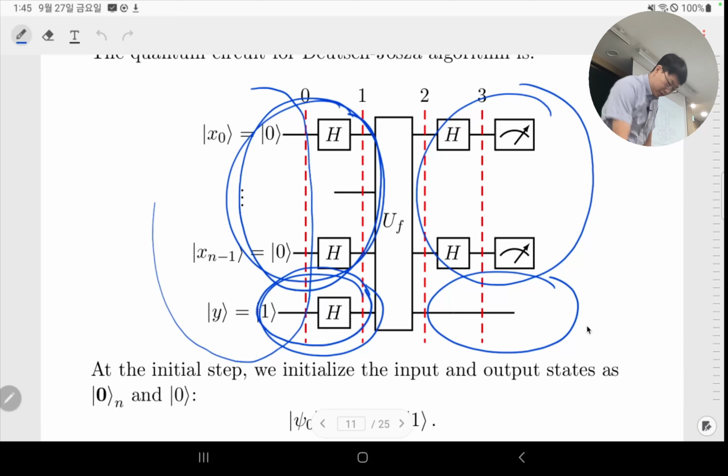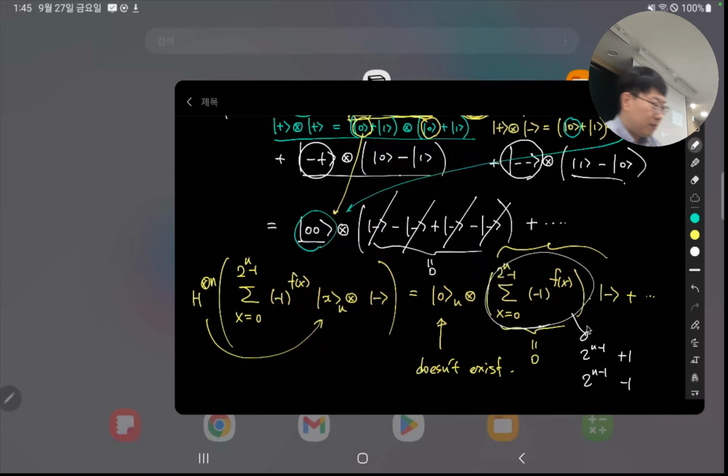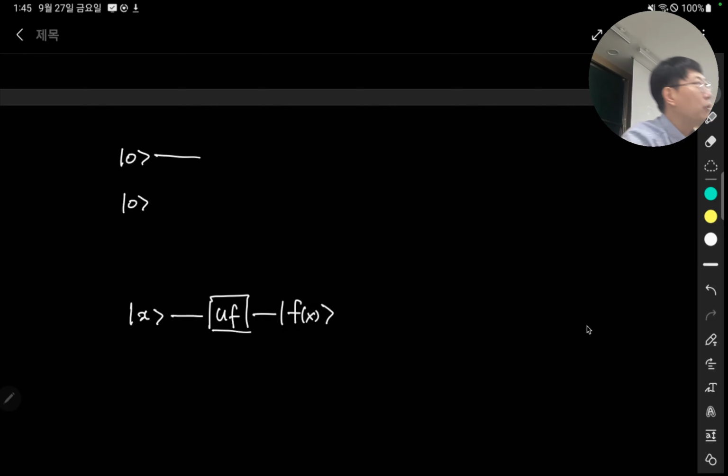자, 예를 들어서, 이런 게 있다고 해봐요. UF가 인풋 아웃풋 레지스터가 따로 구분이 안 되고 이렇게 바뀌는 걸 상상하시는 거잖아요. 2큐빗이라고 가정을 하고, 1큐빗도 상관없어요.